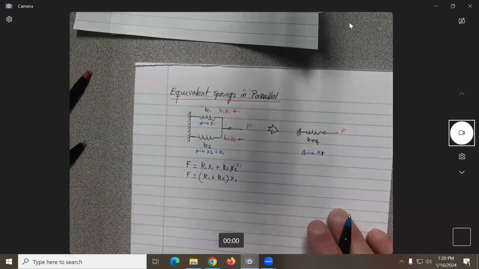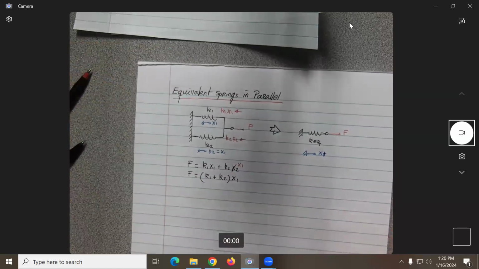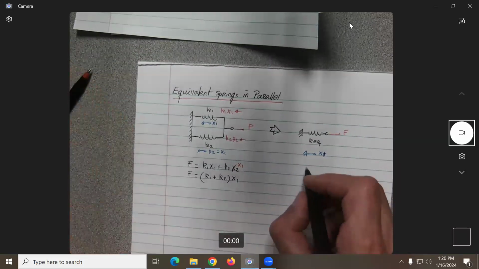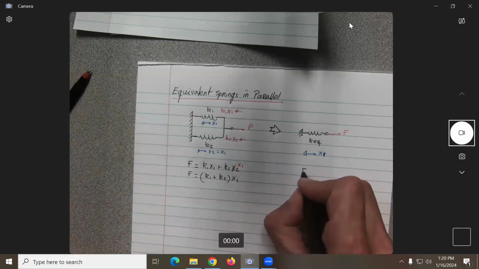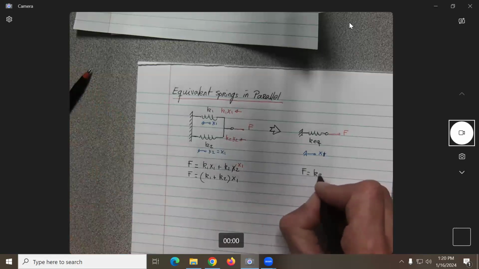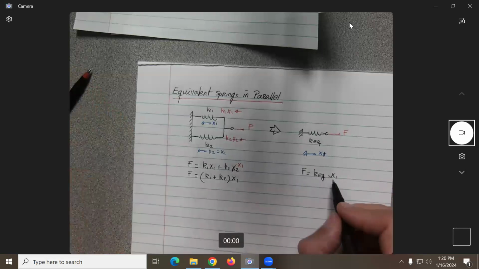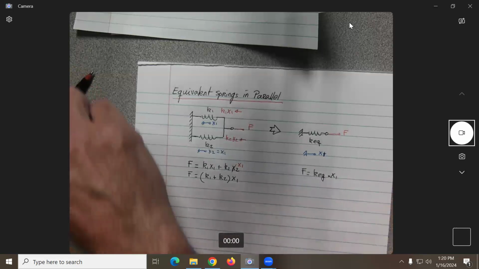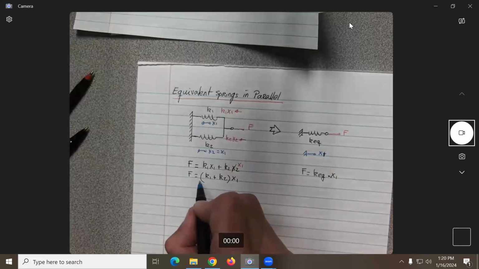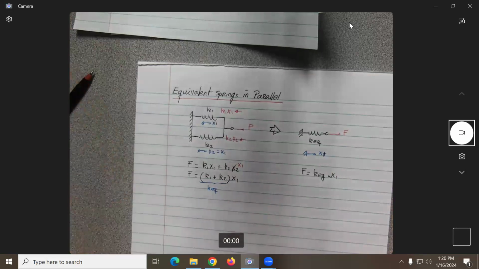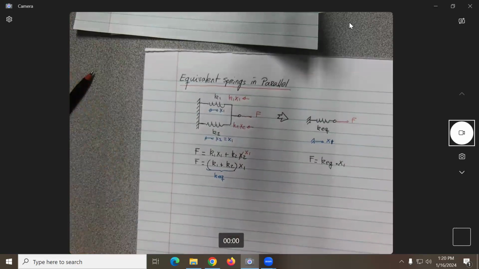That way it will make it easier. So now you know that from this side, we should get F equal K equivalent X1. So what should be the K equivalent?